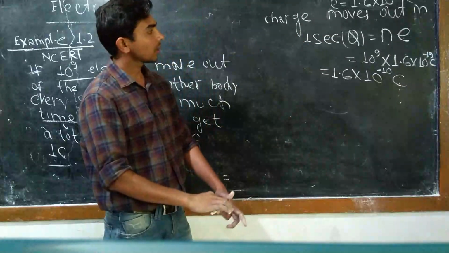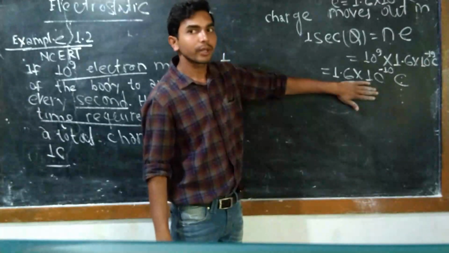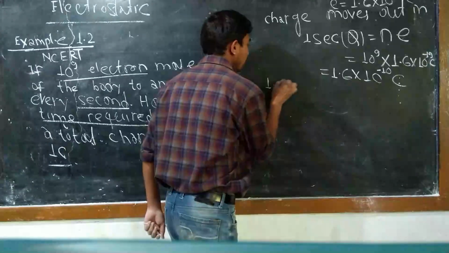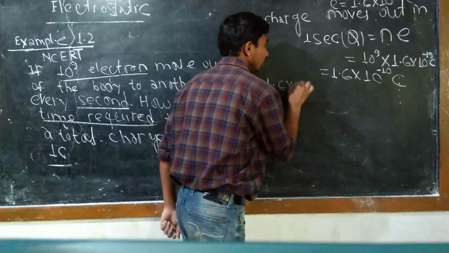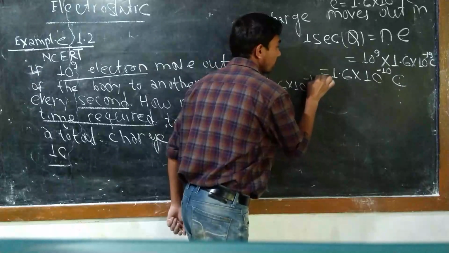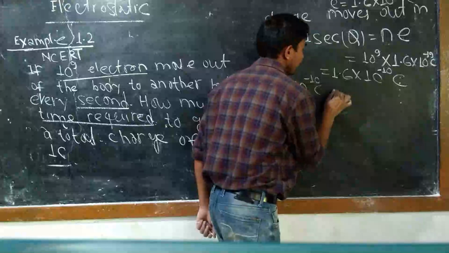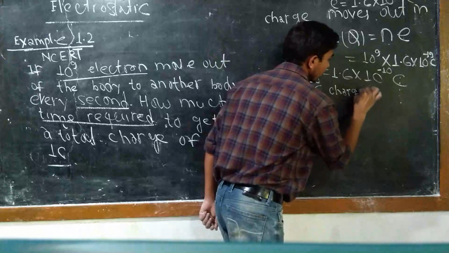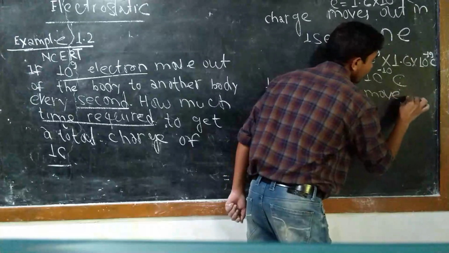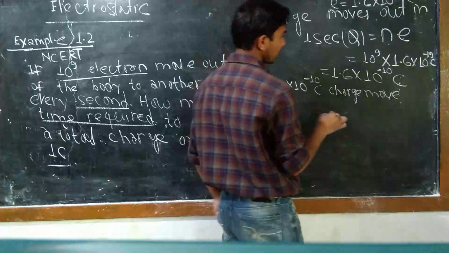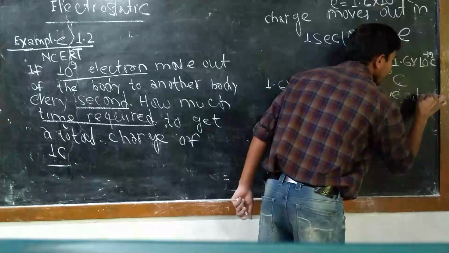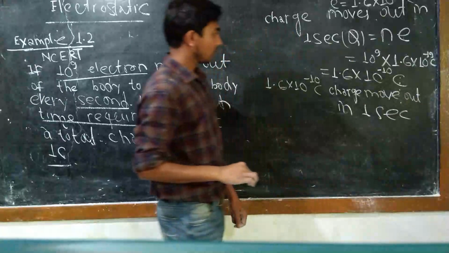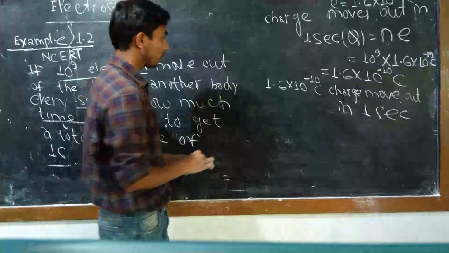We can say this amount of charge is moving out in 1 second. So 1.6 into 10 to the power minus 10 coulomb of charge moves out in 1 second.